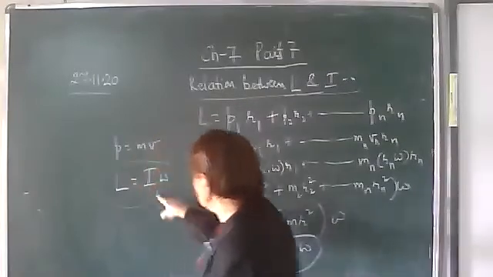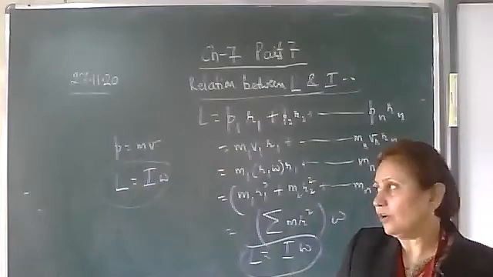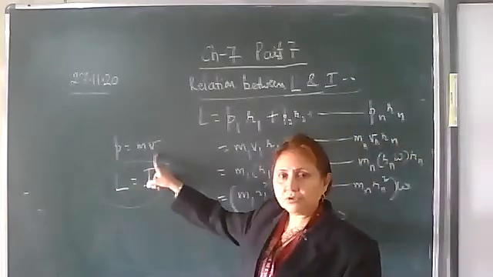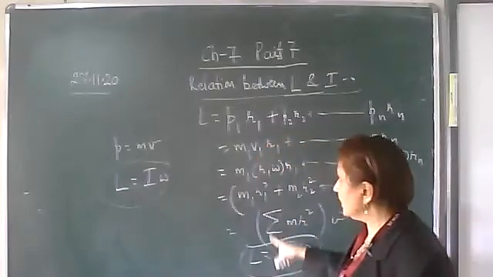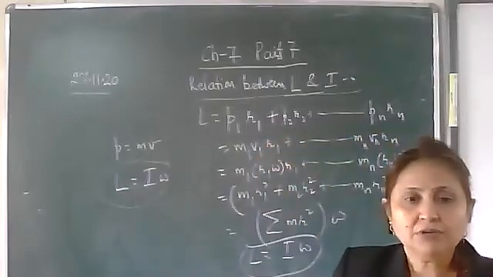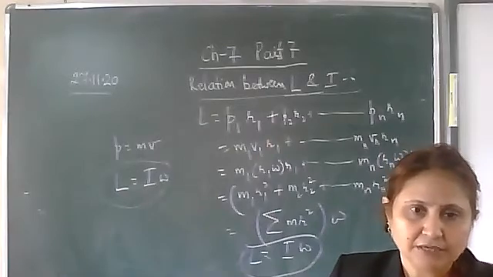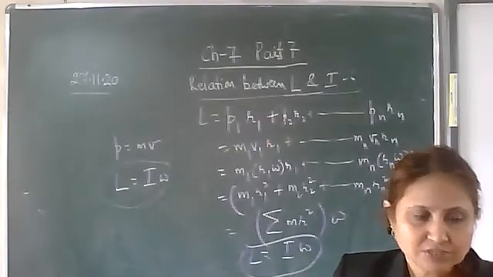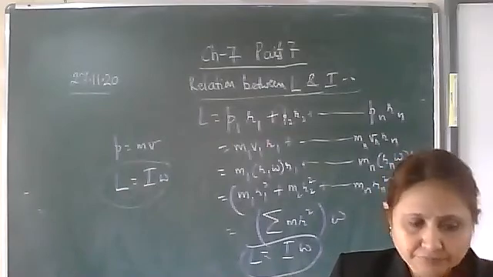So L is equal to I omega, the same expression. In order to remember it, you can see the analog from the linear motion and write it, otherwise it can be derived in this manner. So how is angular momentum related to moment of inertia? L is equal to I omega.